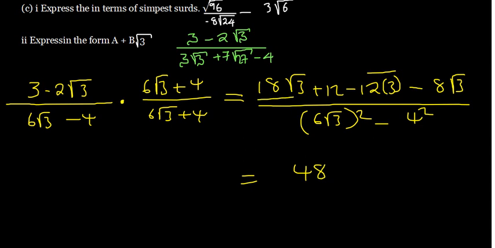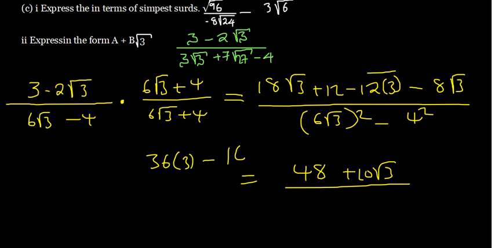And then 18 root 3 minus 8 root 3, that is going to be a 10 square root of 3. The denominator is going to have 6 root 3 squared. 6 squared is 36. Root 3 squared is just the 3, minus 4 squared, which is a 16. So 36 times 3, that is a 108, and then minus 16, that is a 92.